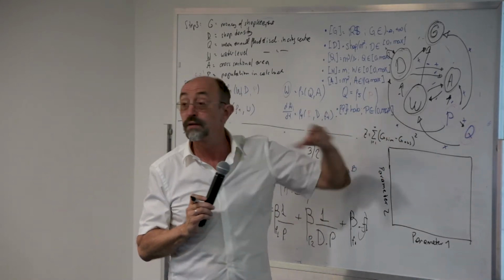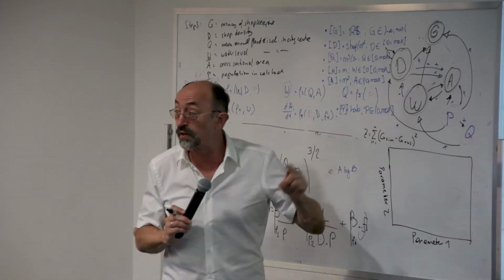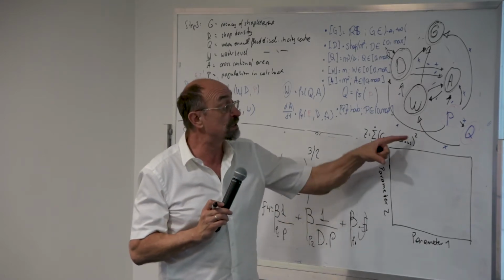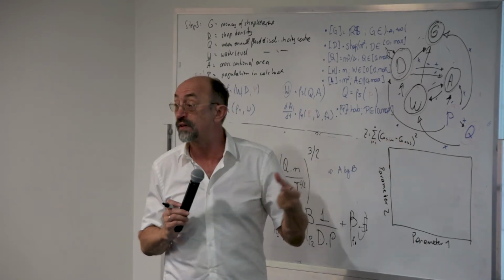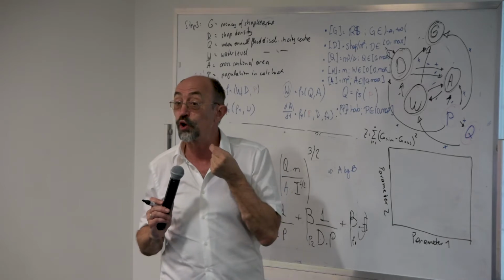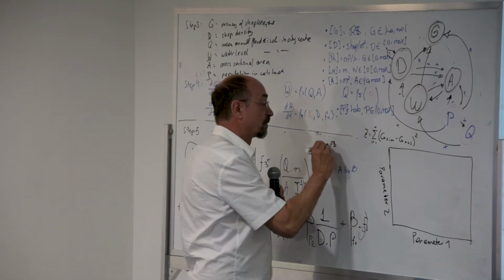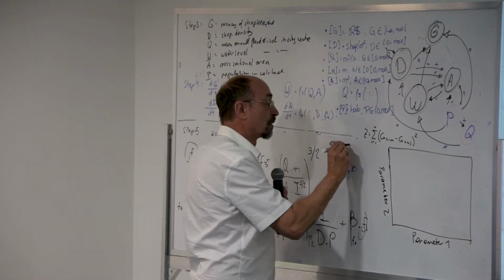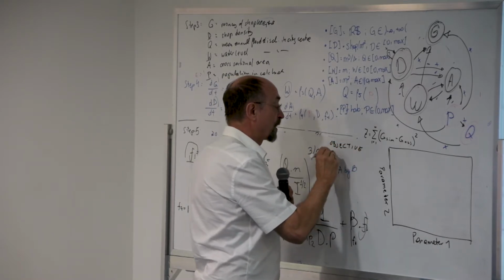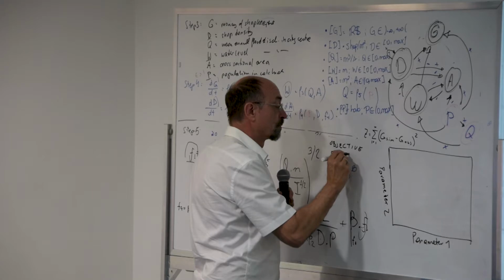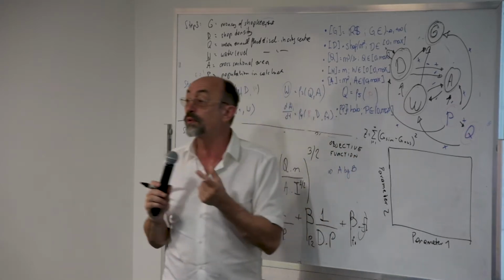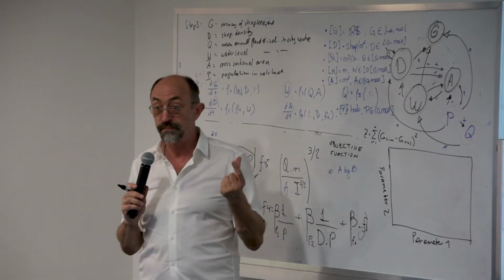Observation is what we measure. Simulation is what the model gives us. The difference squared, summed over all time steps, is what we call the objective function, which in this case we want to minimize, okay?